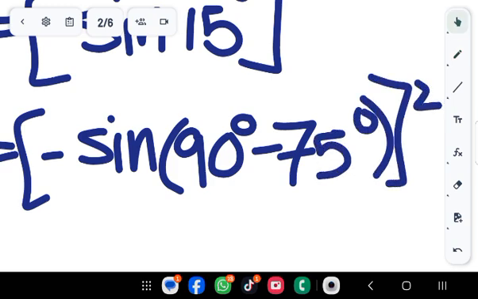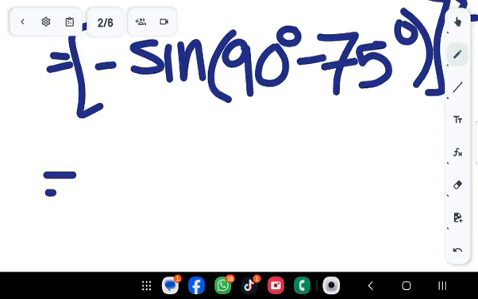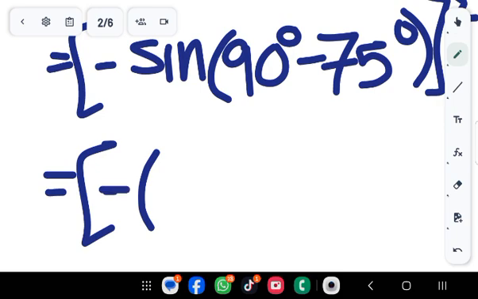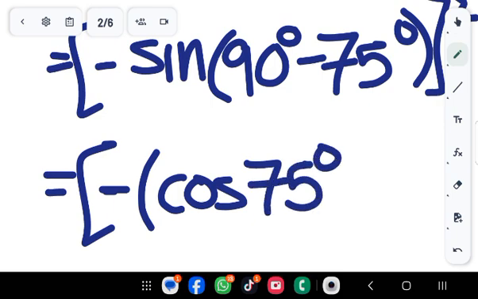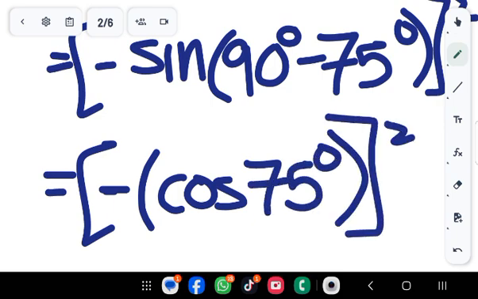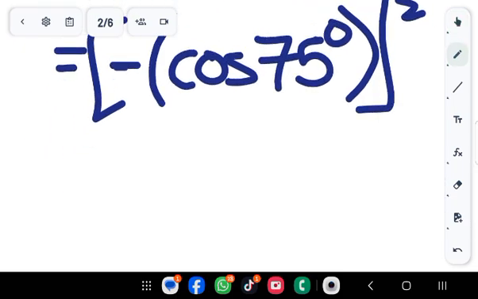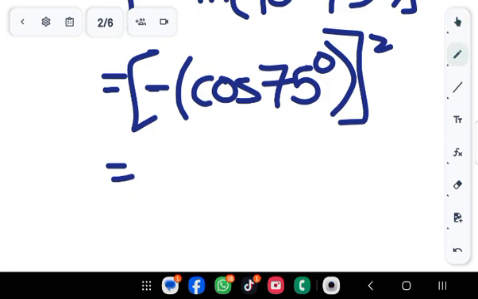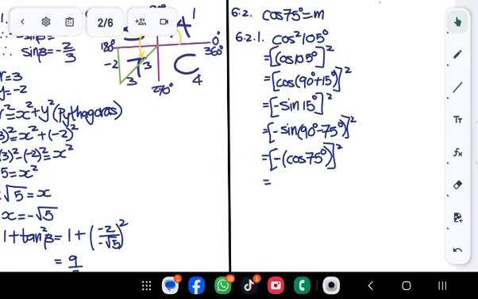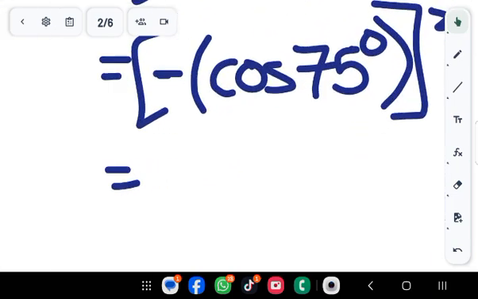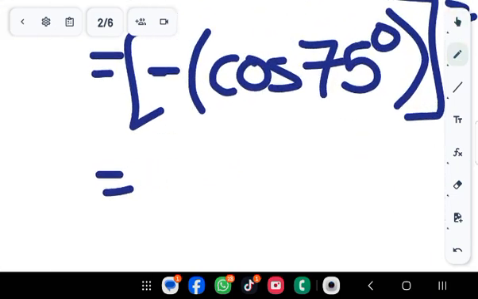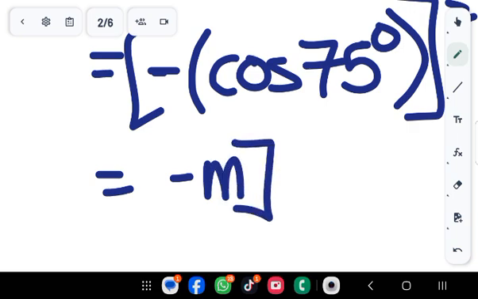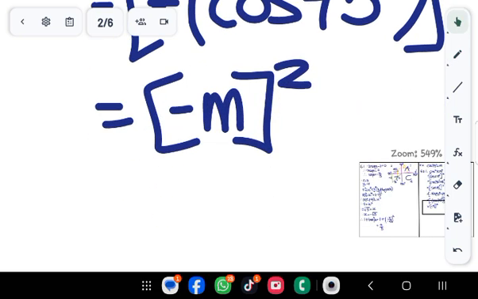Which is obviously cos of 75 degrees, all squared. And cos of 75 degrees is what? That is m. So that is negative m all squared, which is equal to m squared.